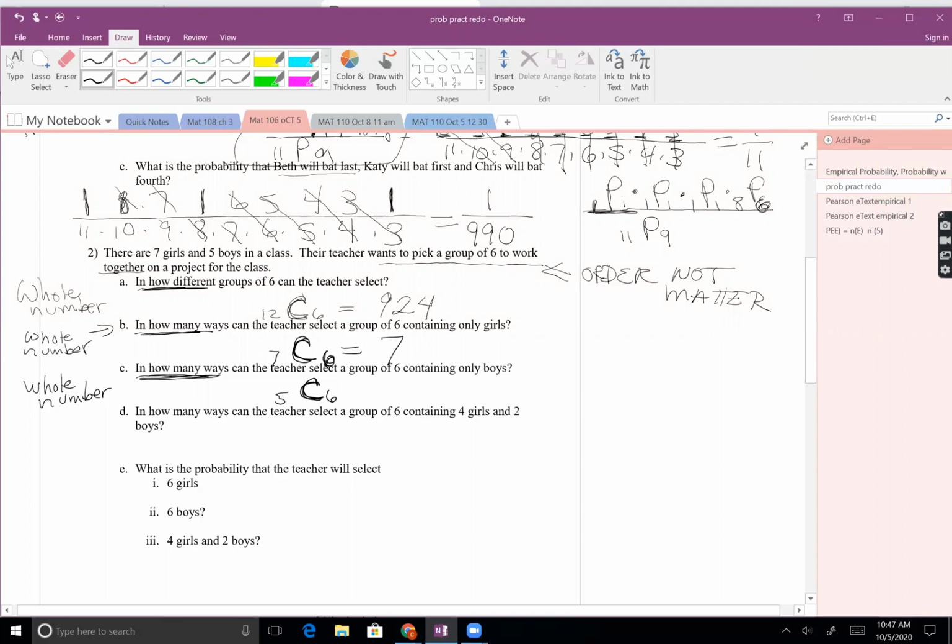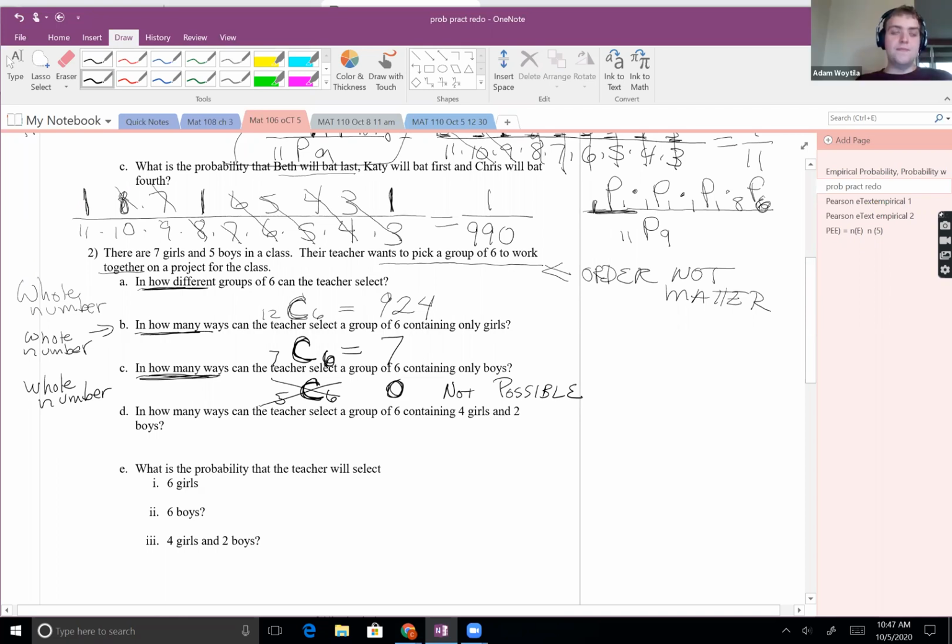No. If there are only 5 boys, is there any way of me getting 6 boys? No, it's not possible. In how many ways can it happen? 0. If something's not possible, there's 0 ways of it occurring.